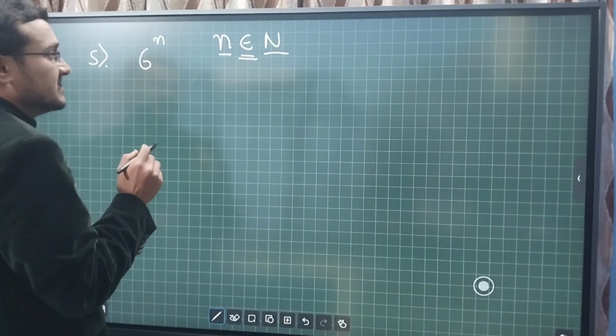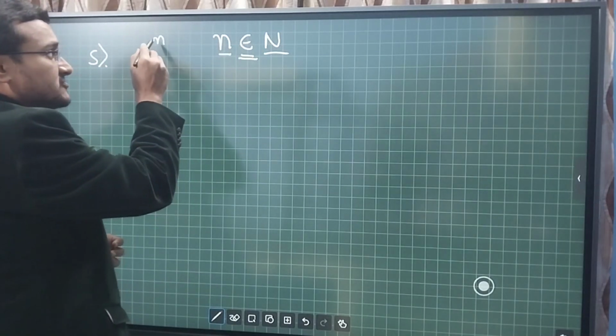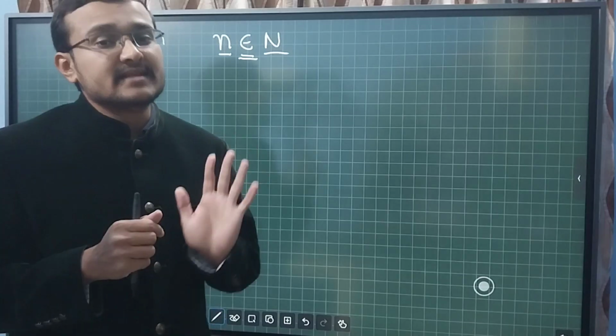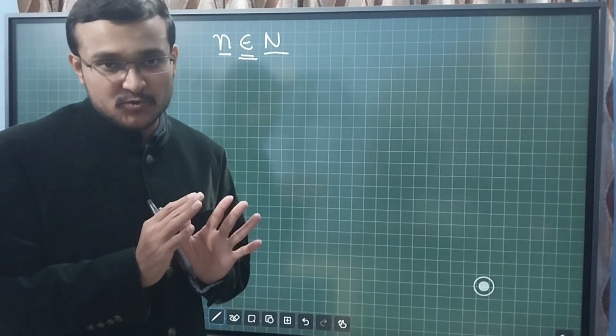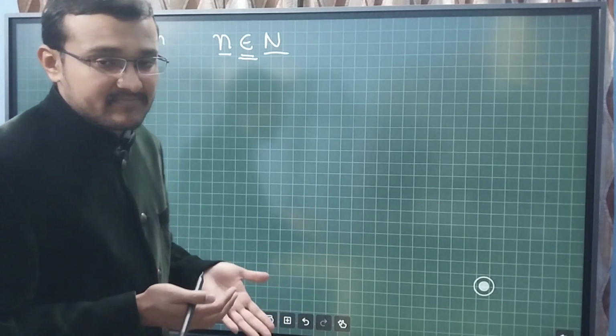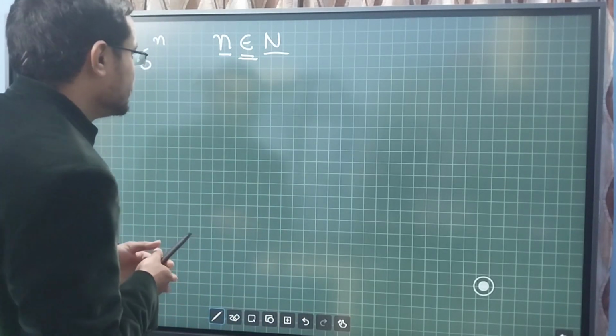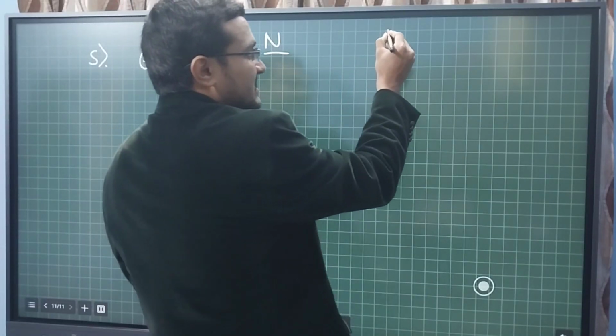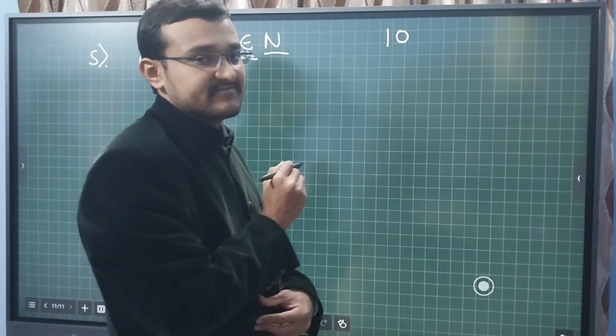So that means here this n, if you substitute any natural number in the place of n, whether you will get a number which will be ending with 0. So this we have solved for 4 power n. Now we have to solve for 6 power n. So here always remember, if any number is ending with 0, let's take 10. So 10 is ending with 0.